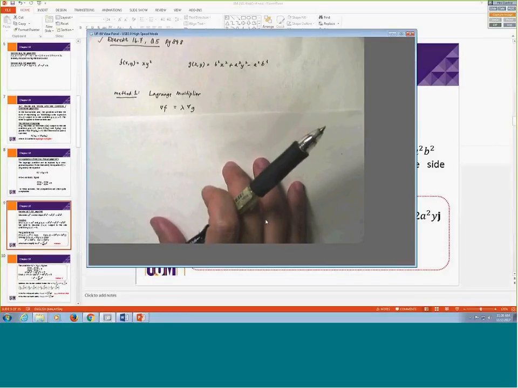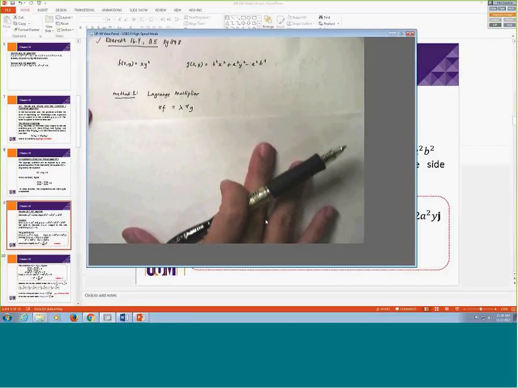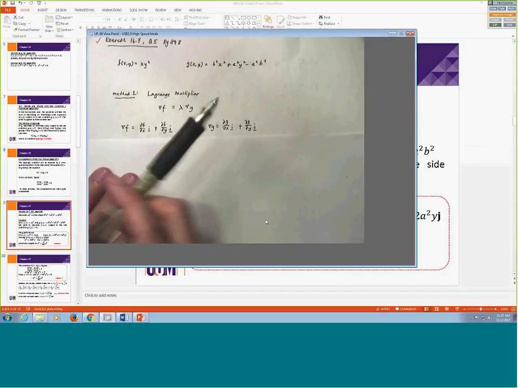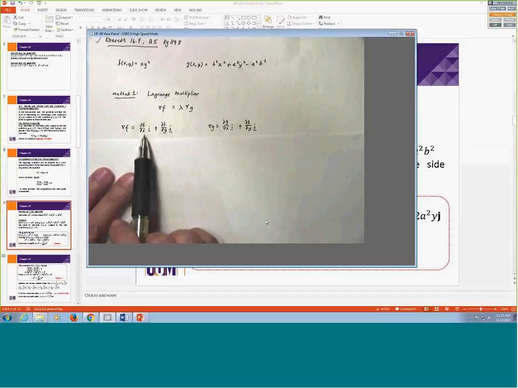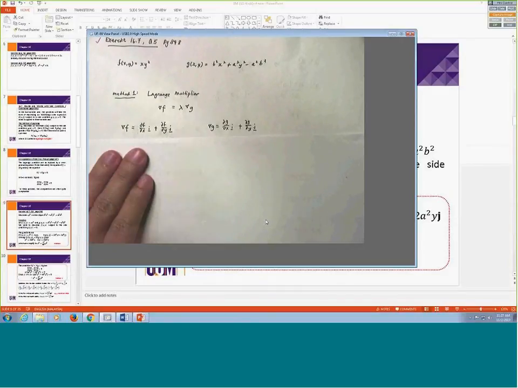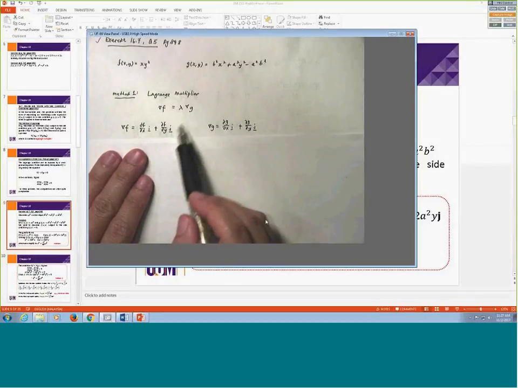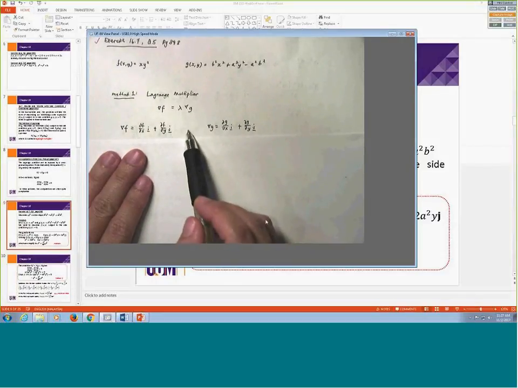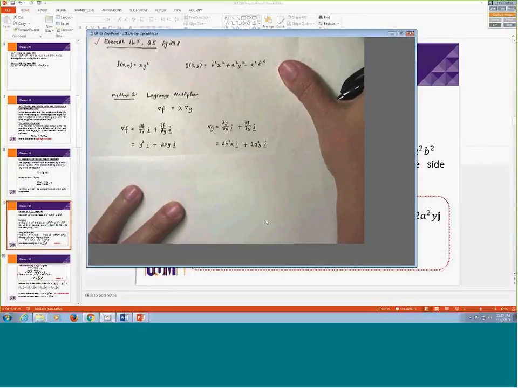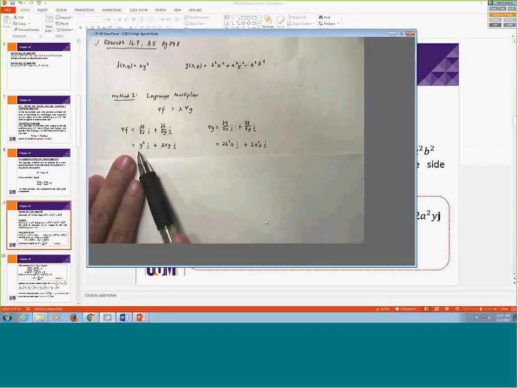So find the gradient of f. The formula for the gradient of f, if only two variables, is del f del x i plus del f del y j. If three-dimensional functions, then you have plus del f del z k. This is also for the gradient of g. Finding the values is quite straightforward.